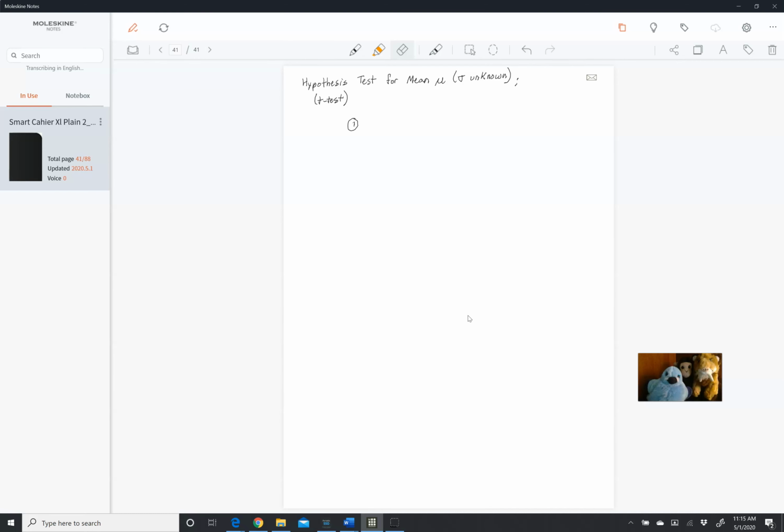Same process. We have to verify that the sample is random, and that the population is normally distributed, or n is greater than or equal to 30.